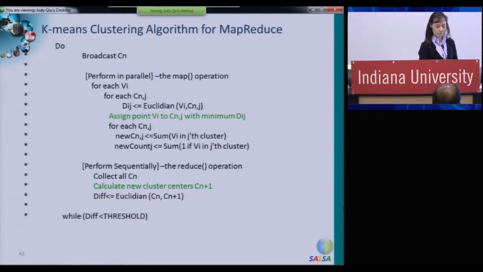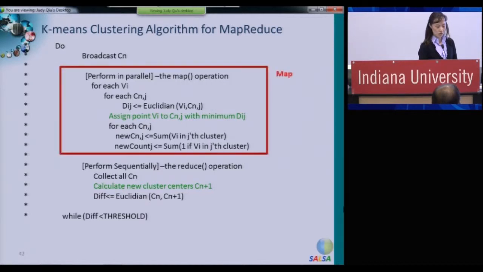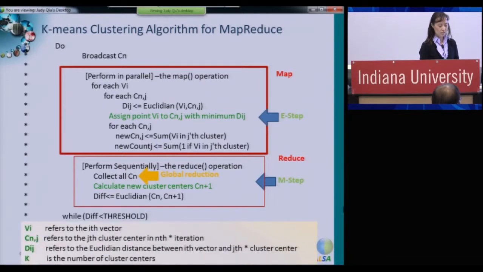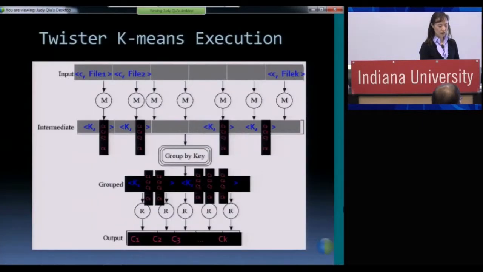If you look at this implementation using MapReduce, they clearly separate into a mapper stage and a reduce stage. In the mapper stage, basically you have a key function and calculate the Euclidean distance. And the reduction function is basically you summarize all these intermediate cluster centers. So with these steps, you go through different iterations and you can finish the computation.